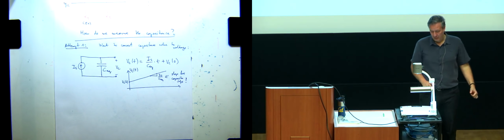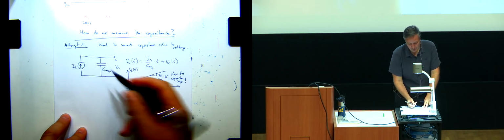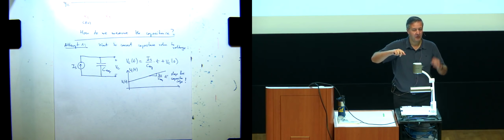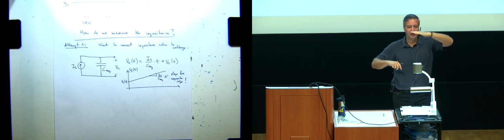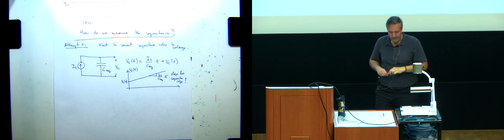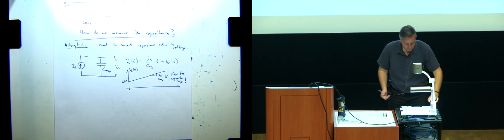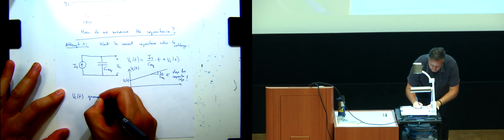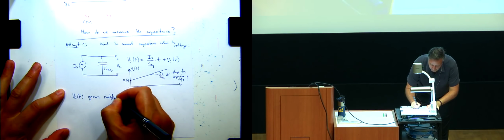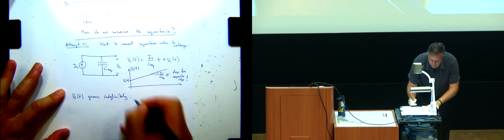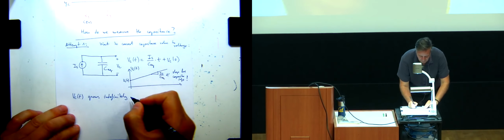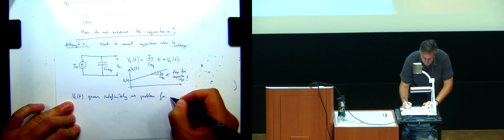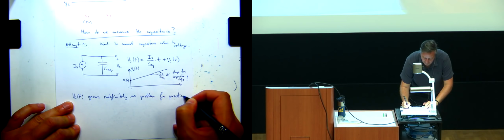I know if this capacitor is changing, the slope will be changing. As I'm pressing the finger, the slope of integration will be changing. Now, Vc of t here grows indefinitely. So that's really a problem for practical implementation.